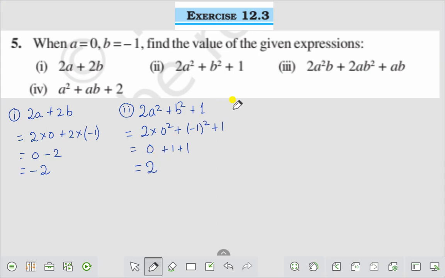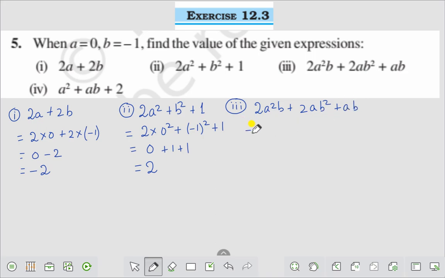Question number 3 is 2a square b plus 2ab square plus ab.